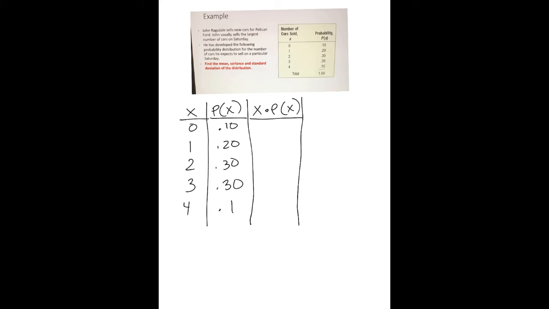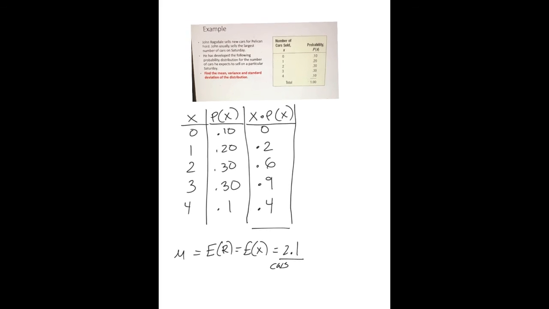So we have 0 times 0.1, which is 0, 1 times 0.2, 2 times 0.3, 3 times 0.3, and 4 times 0.1. So to get the mean, or the expected return, or E of x, of this experiment, we just add up x times P of x and get 2.1. So basically what we would assess here is that on any given Saturday, he expects to sell 2.1 cars.